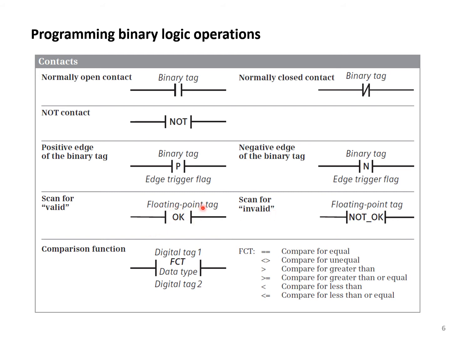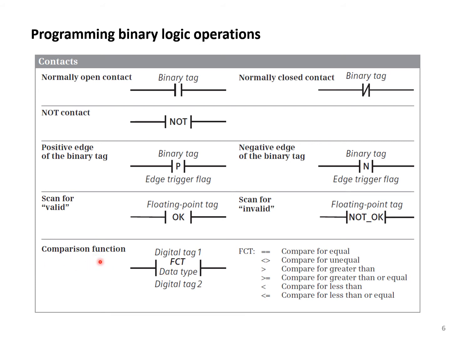So for example, we want to see if a floating point tag is okay or not okay, so we could have a condition for that to see if the floating point tag is okay based on our condition or not okay.